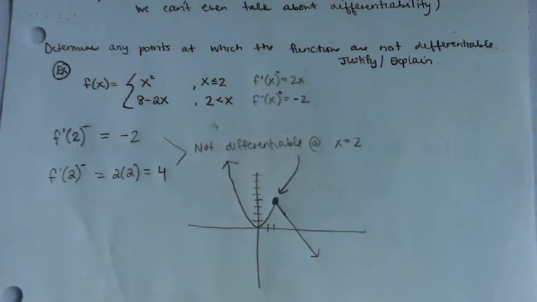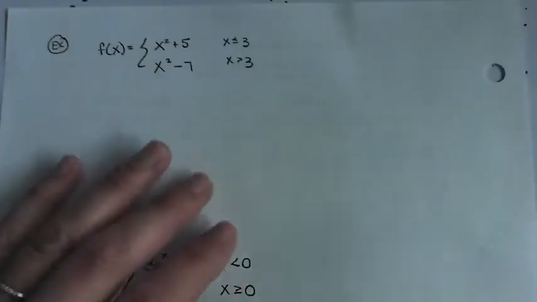Correct. Absolutely. So if you're differentiable, you're inherently continuous. So the contrapositive of that is that if you're not continuous, there's no way you can be differentiable. Yes? Good.